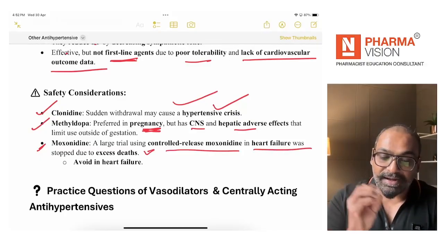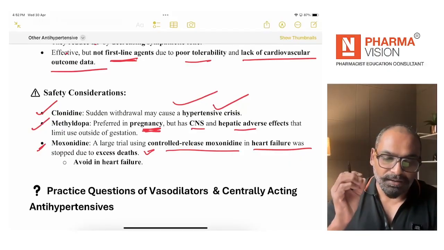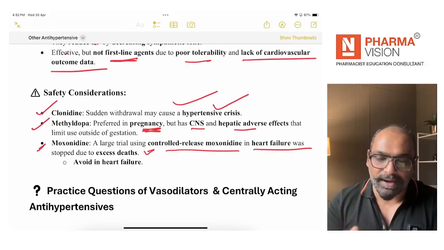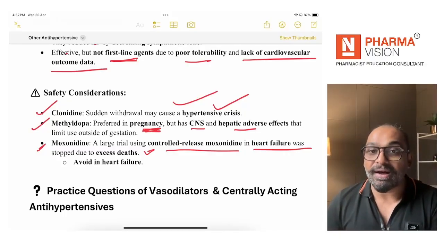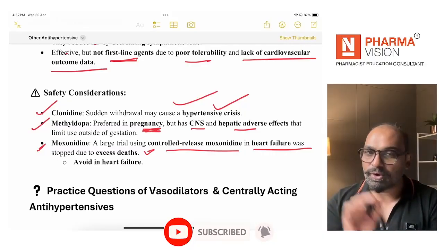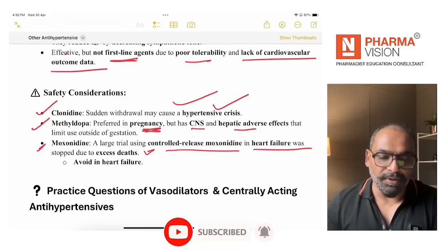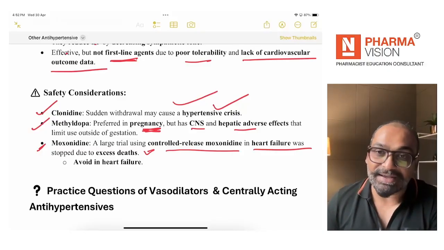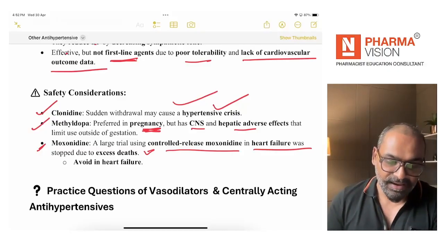When the clinical trials were going on, the maximum number of patients died with the use of moxonidine, and that's why this medication is avoided in patients with hypertension and heart failure, because it increases the risk of death.